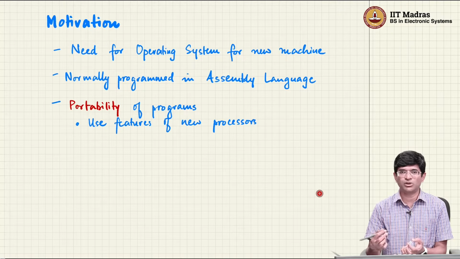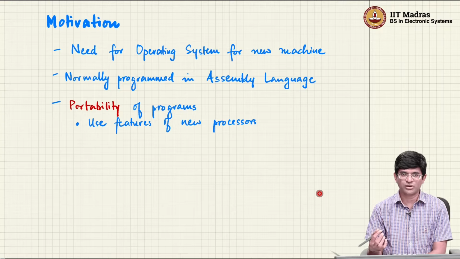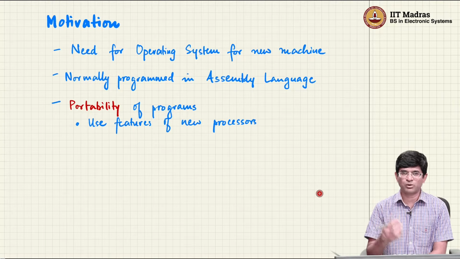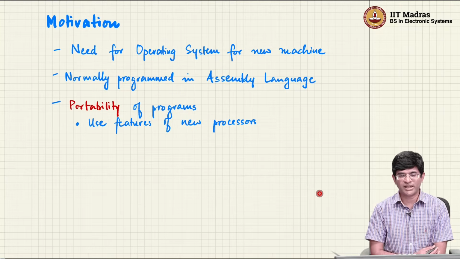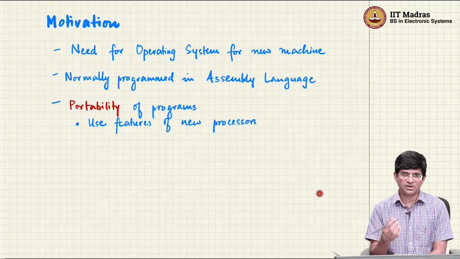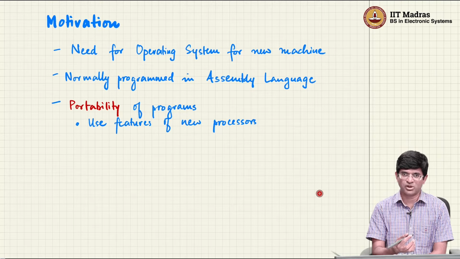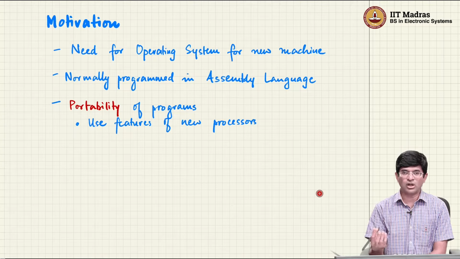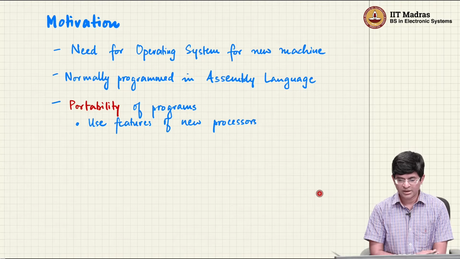I need to be able to access the various peripherals attached to the machine, and I need to provide controlled access to them. That is the function of the operating system. So a lot of the logic there is not specific to that particular processor. It is common across all kinds of computers.